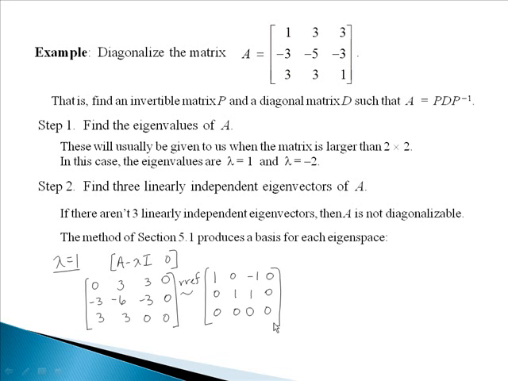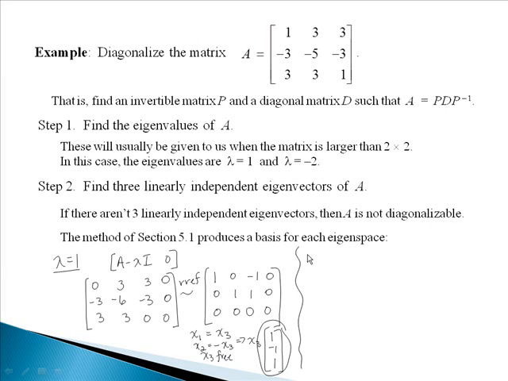So we get this matrix here, and we see that we will have x1 equal to x3, x2 equal to negative x3, and x3 is free. So then what we've got is x3 times 1, -1, 1. And so then this vector here is going to be one of our eigenvectors.